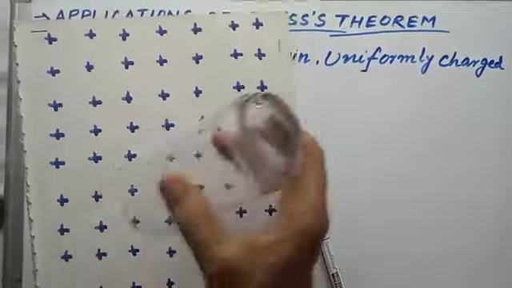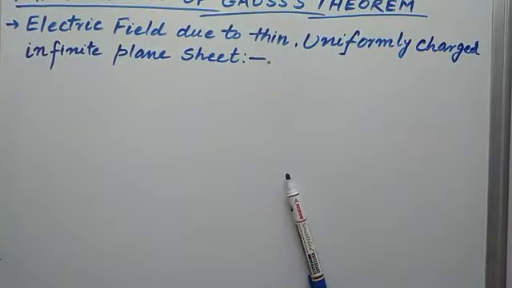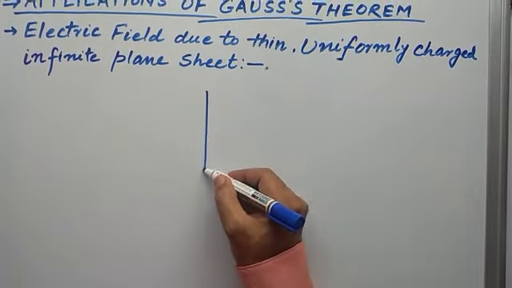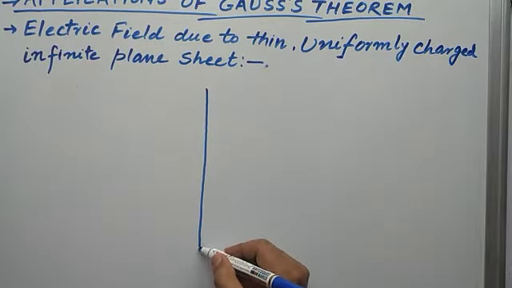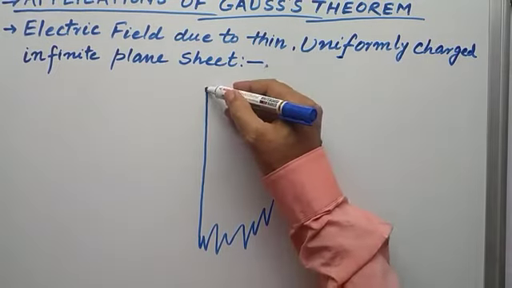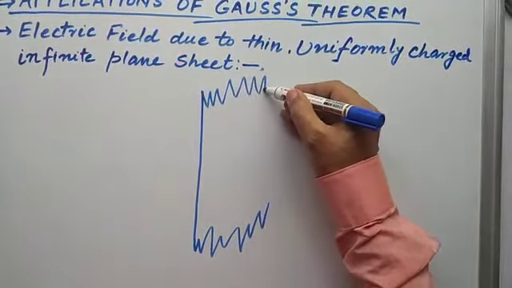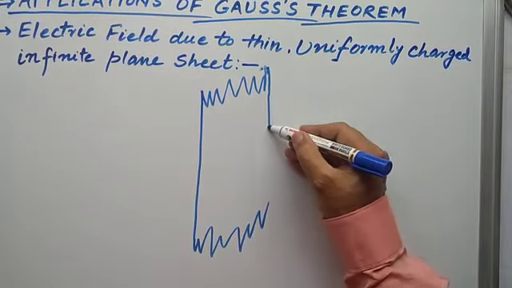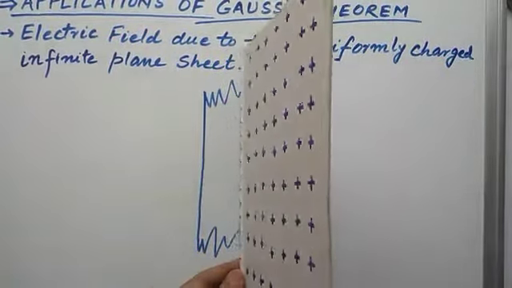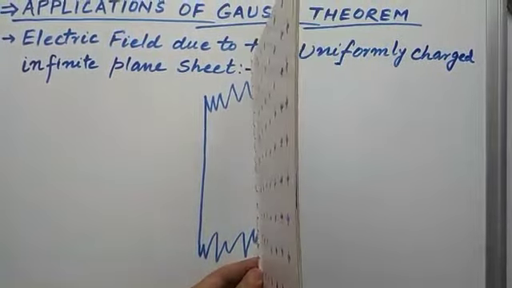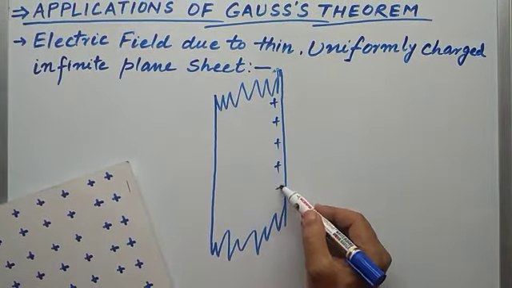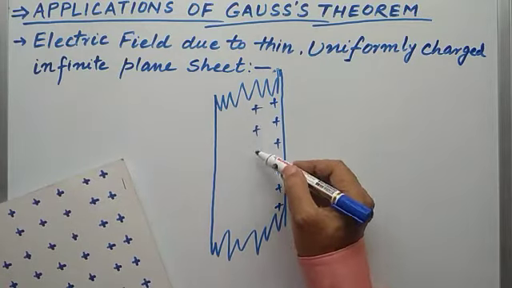So let us draw the figure. Suppose this is the sheet, placed vertically like this. Charges are uniformly distributed over the sheet.